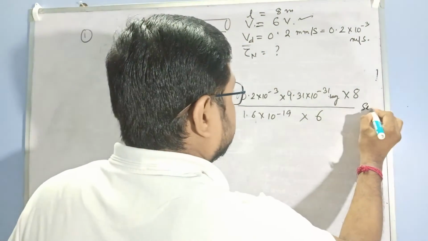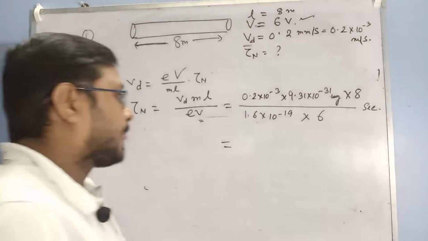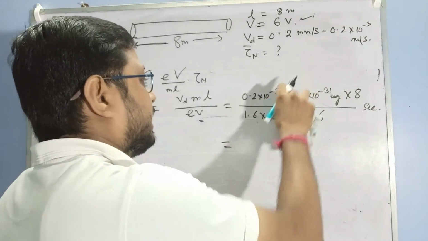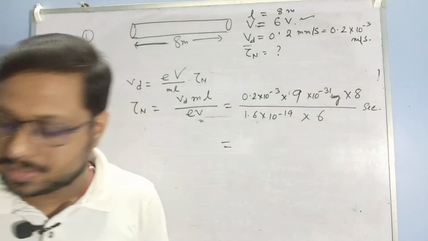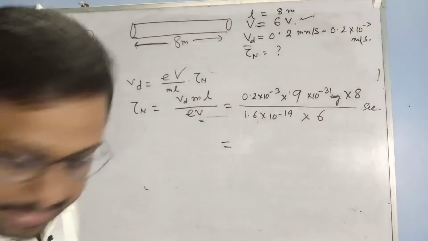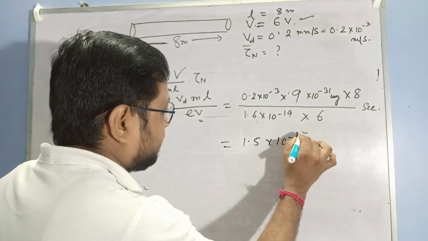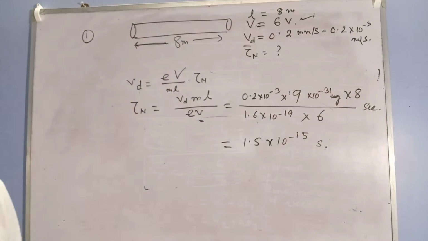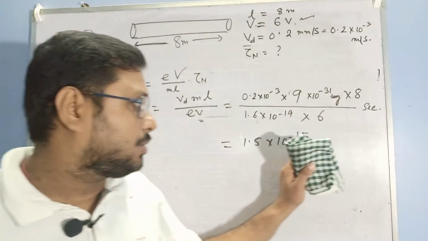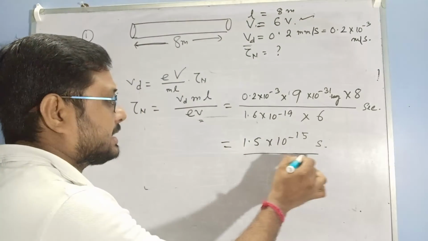If we calculate this, taking 9.31 or 9, the value will be the same, we get 1.5 into 10 to the power minus 15 second. You can easily solve numericals using a calculator. This is the relaxation time.